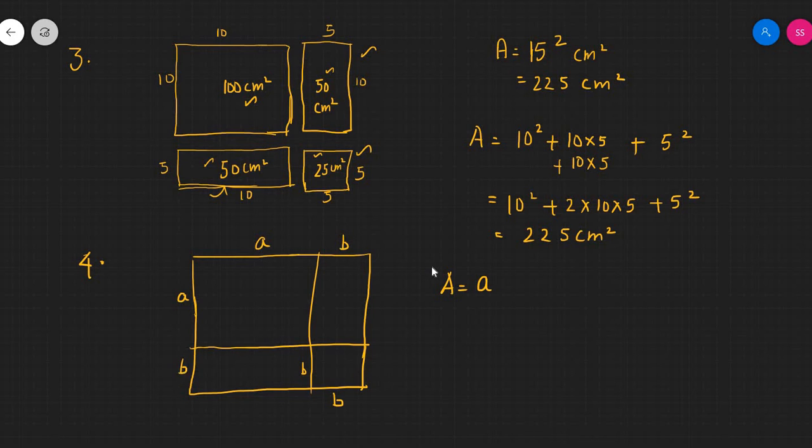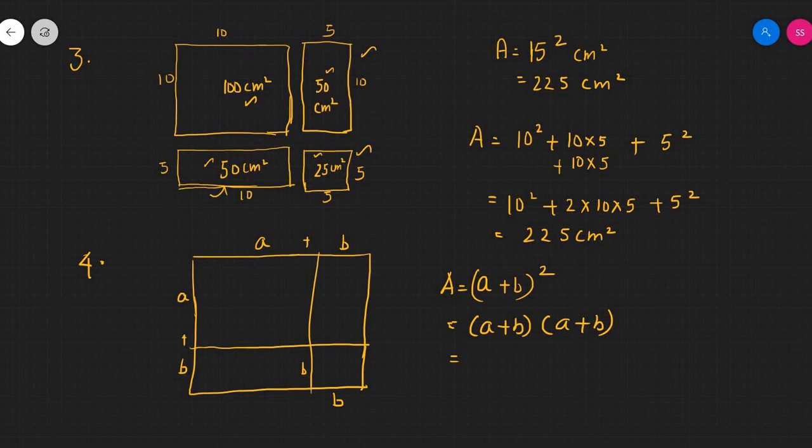So the net area would be a plus b the whole square, and that can be opened up as a plus b into a plus b. You start with a plus b because both these sides are a plus b, so you have a plus b the whole square, which is the area, which is nothing but a plus b into a plus b. So this can be written as follows.